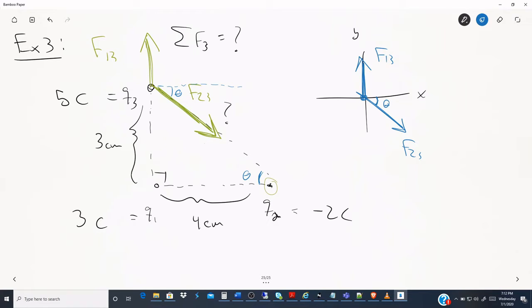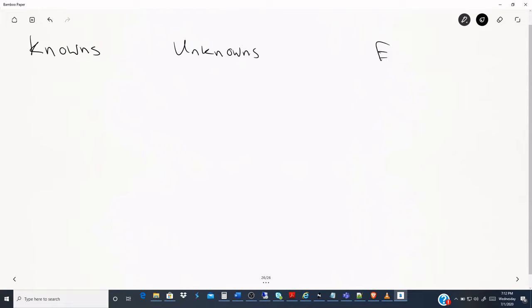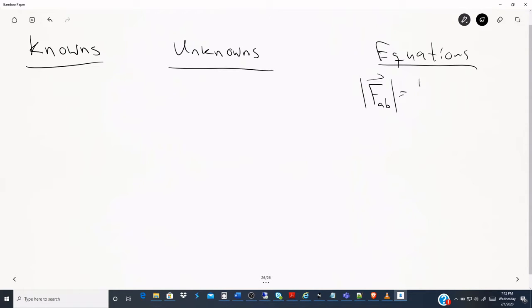So I'm going to make a list of knowns, unknowns, and equations. Obviously, we have that the force that one object exerts on another in terms of magnitude is 1/4 pi epsilon 0 times the absolute value of charge A times charge B all over the distance between them squared.